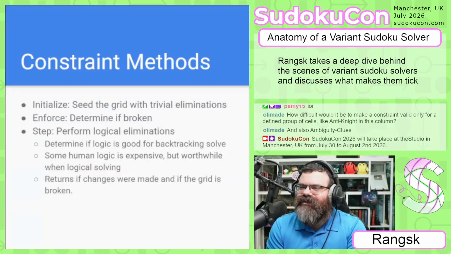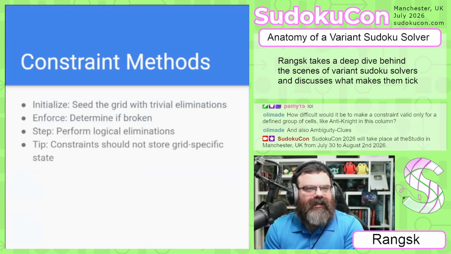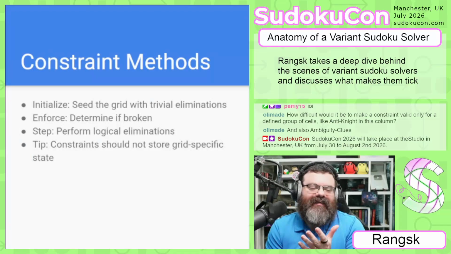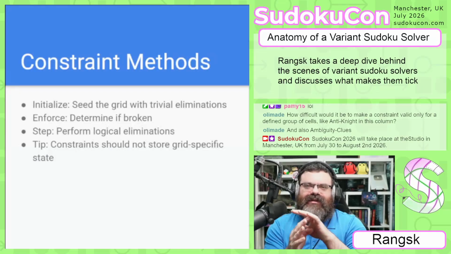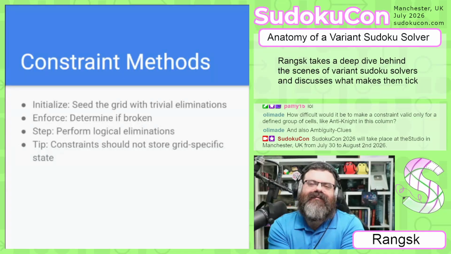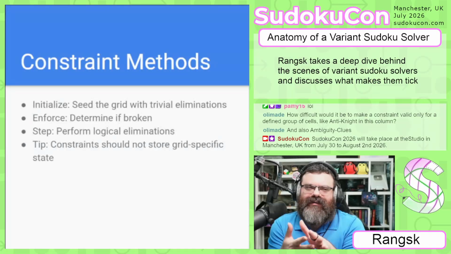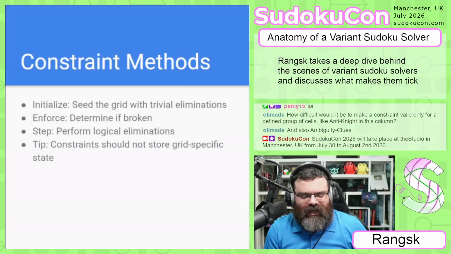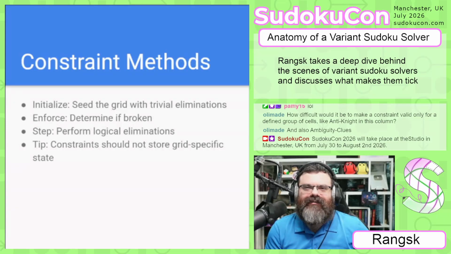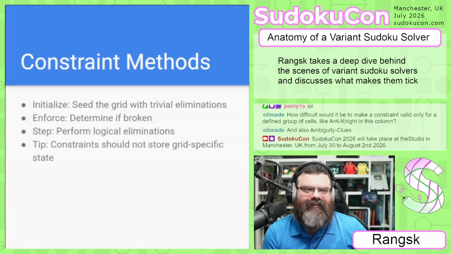All right. Any other questions? That was it. All right. And just a little tip. Constraints should not store grid specific state. What I mean by that is it may be tempting to update some internal state of the constraint itself when we encounter a grid that has had some additional eliminations happen.